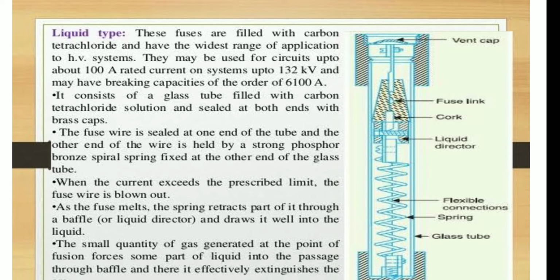Once the fuse is blown out, the liquid is compressed completely. A small quantity of gas is generated at the point of this fusion. Some part of the liquid passes through the baffle, and effectively this gas, whatever gas is generated, suppresses the spark generated inside this fuse. Getting my point?